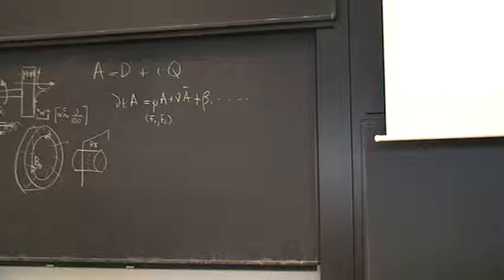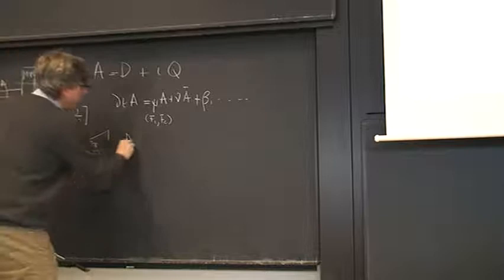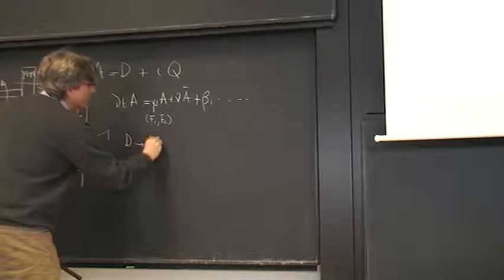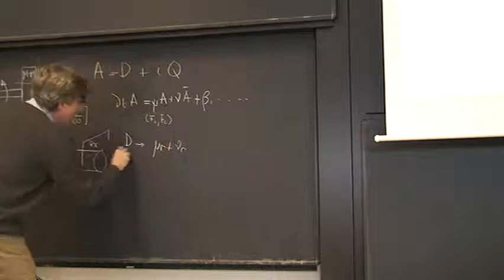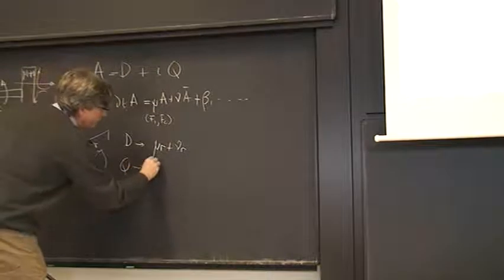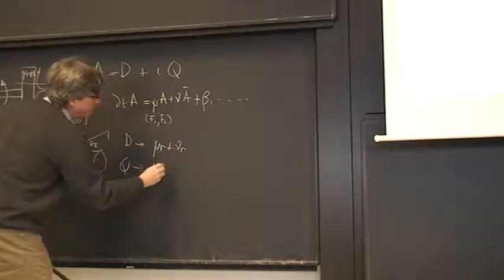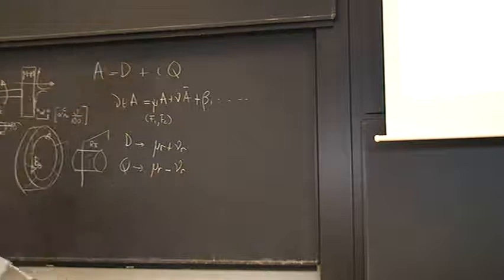Now, in that case, I know that the dipole grows. All right? So the growth rate of the dipole is the real part of mu plus the real part of nu, and the growth rate of the quadrupole is the real part of mu minus the real part of nu.